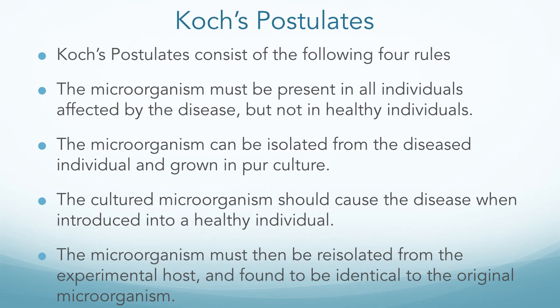That is, after you have experimentally infected the animal, it should show the symptoms, and after the symptoms are seen in the animal, the similar organism that was isolated in the second rule should be isolated from the experimentally infected animal.